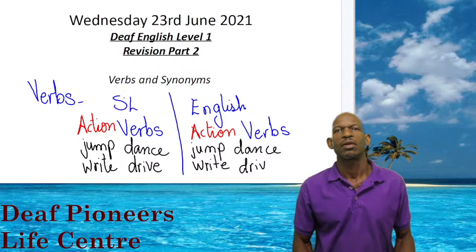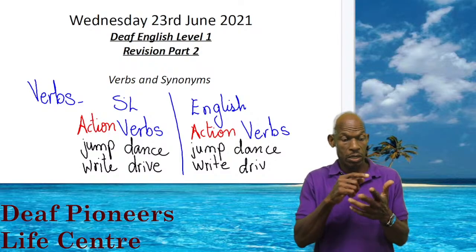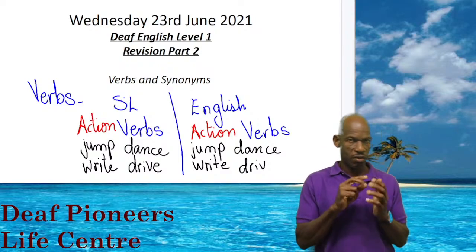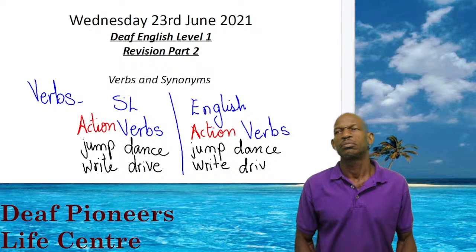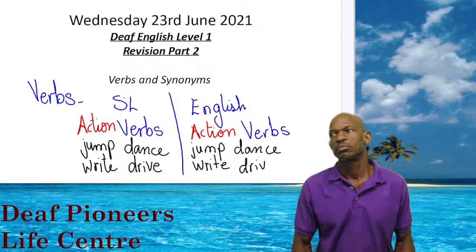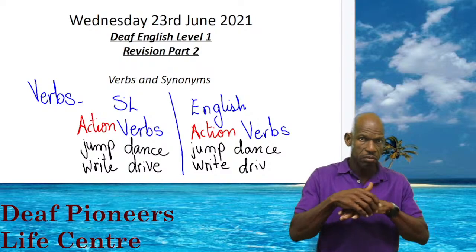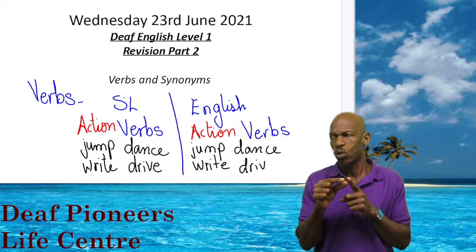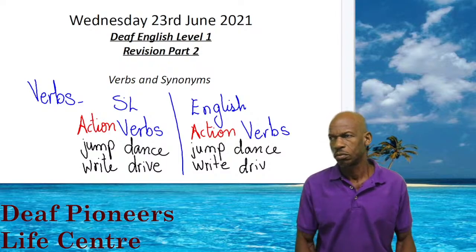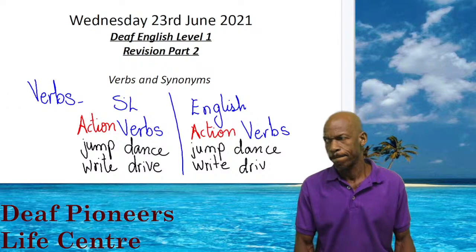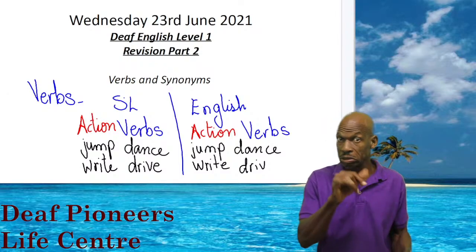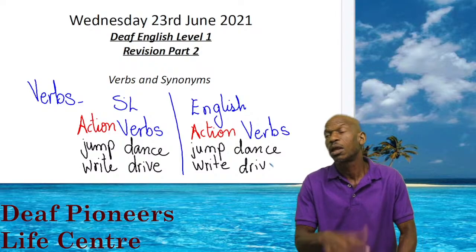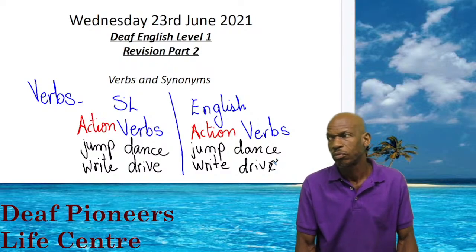And this term we look at the action verbs. Now we want to list some action verbs. In English, apart from these words, jump, dance, write, drive, and so on, there are other words that have the same meaning as these words.